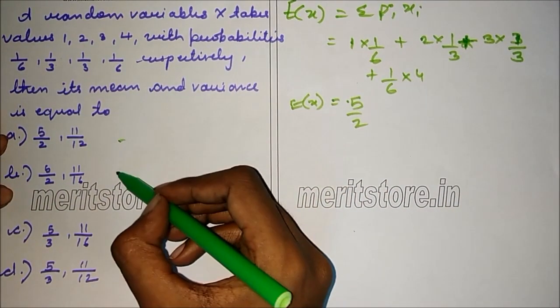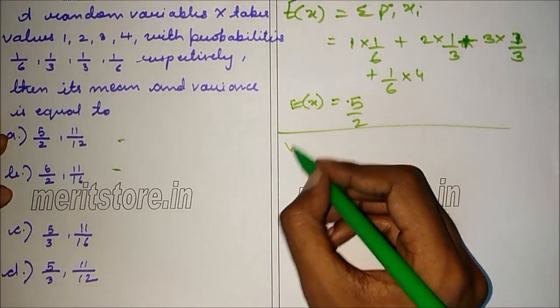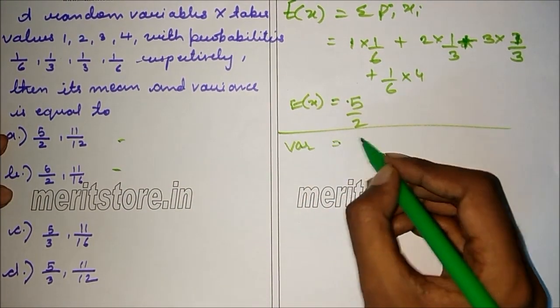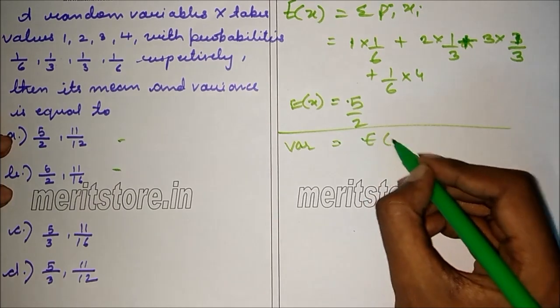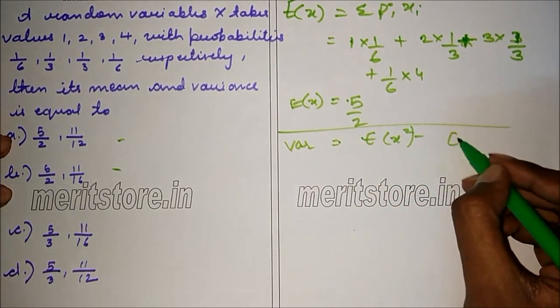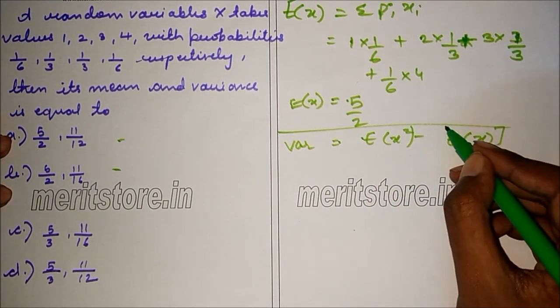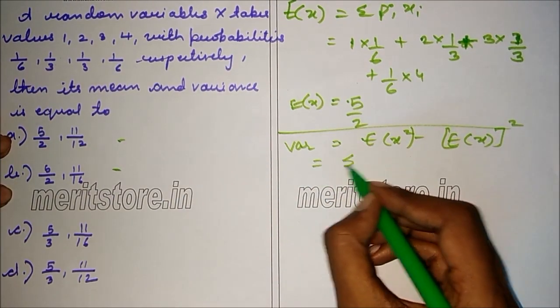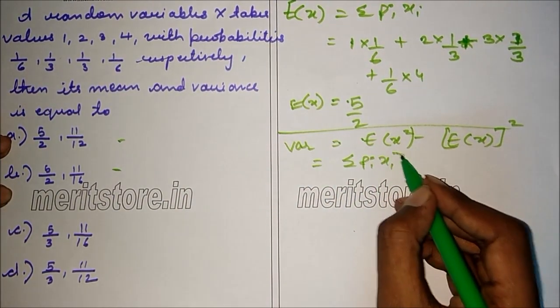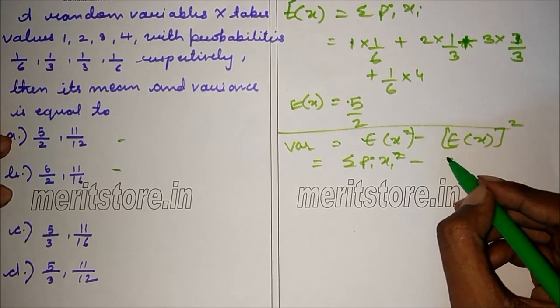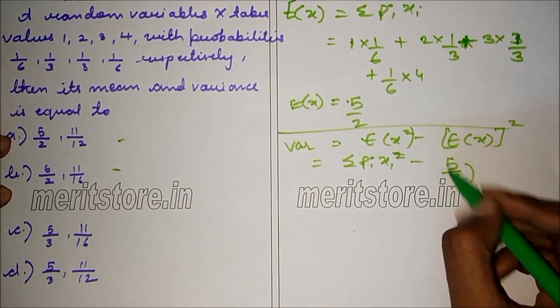So it is either option A or B. So let's find variance. So variance is E of x square minus E of x the whole square. So E of x square is summation pi xi square minus E of x, which we already know. So this is 5 by 2 the whole square.